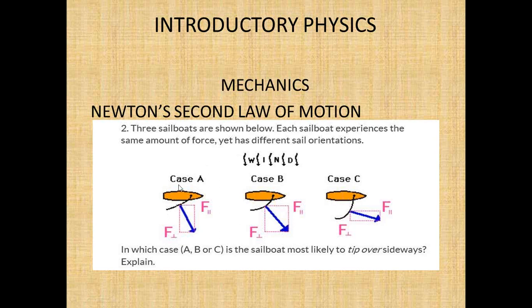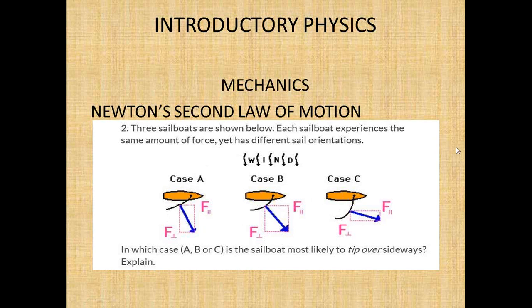However, the direction of the force is different. For this sailboat, the resultant force is like this. For this one, it is like that, and it's like that. So the question asks, in which case is the sailboat most likely to tip over sideways?